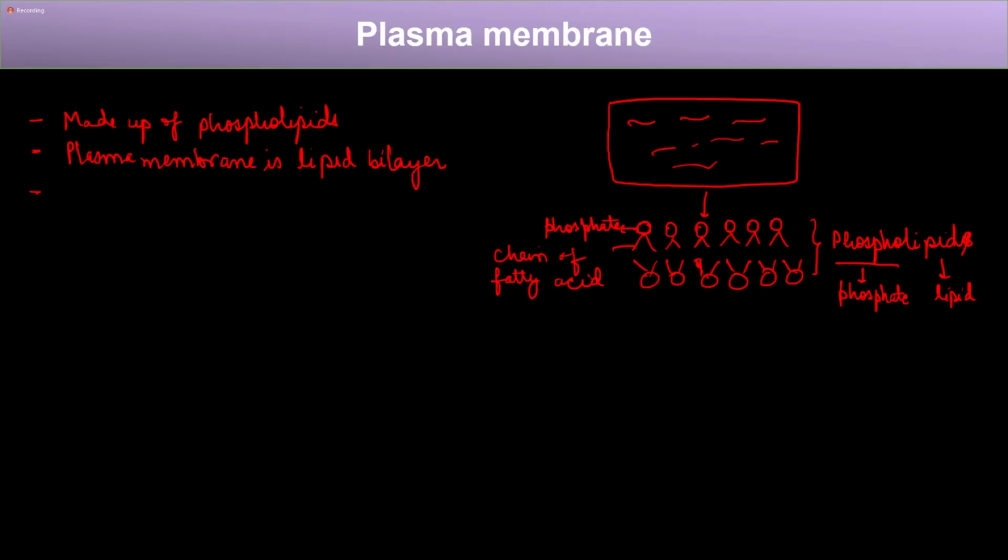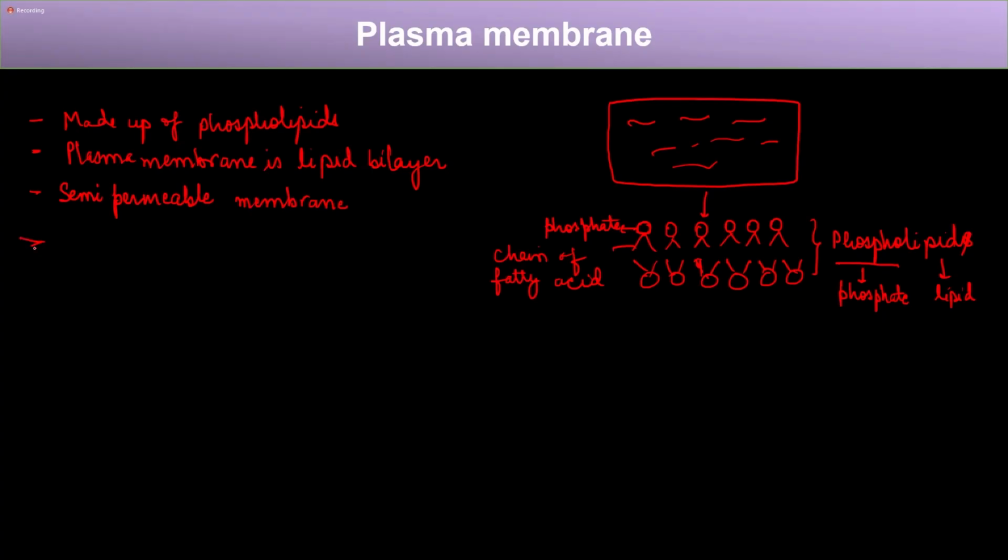But this barrier also allows the passage of certain molecules or essential chemicals that are required to go inside or outside of the cell. Hence it acts as a semi-permeable membrane. Why is it called semi-permeable? Because it selectively allows certain chemicals or molecules to move either inside or outside of the cell.